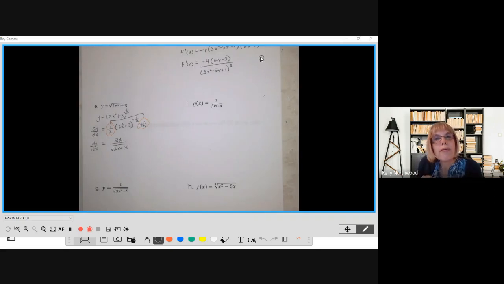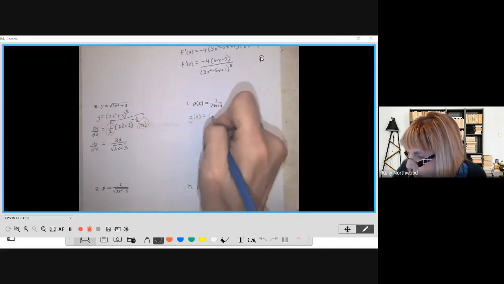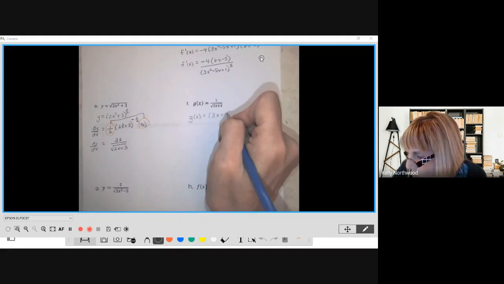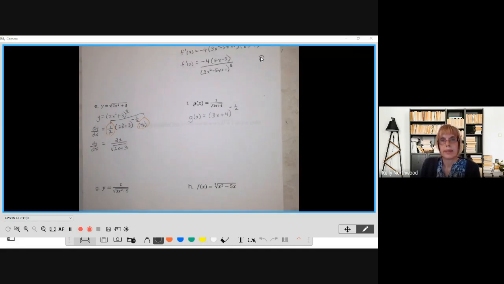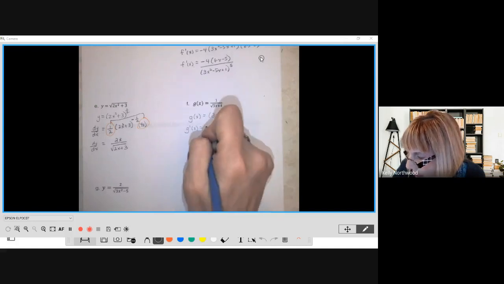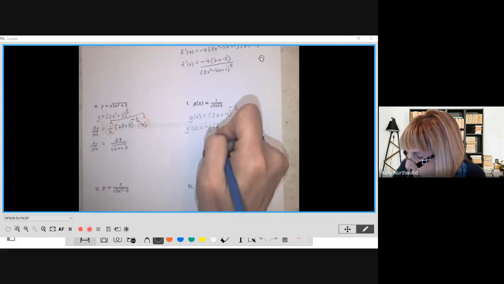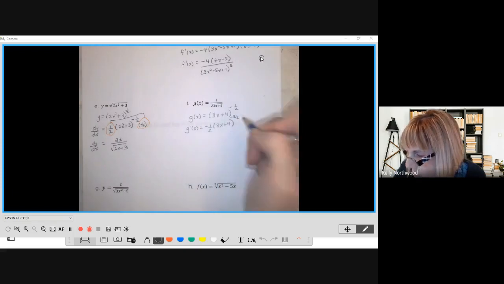All right, so for f, first step would be to rewrite it as a power function. So g at x again, I'm going to rewrite it as 3x plus 4 to the negative 1/2. G prime at x. So bring down the exponent, negative 1/2 times 3x plus 4. Reduce the exponent by 1, so that's going to be to the negative 3 over 2.